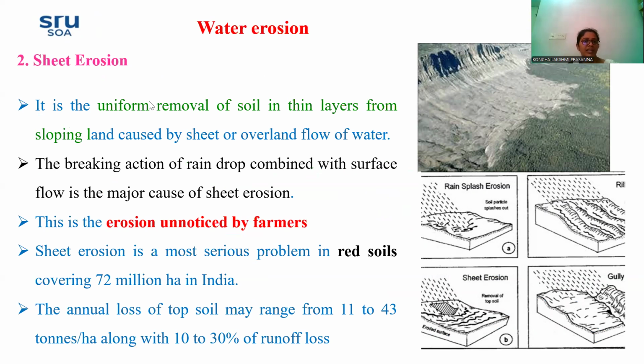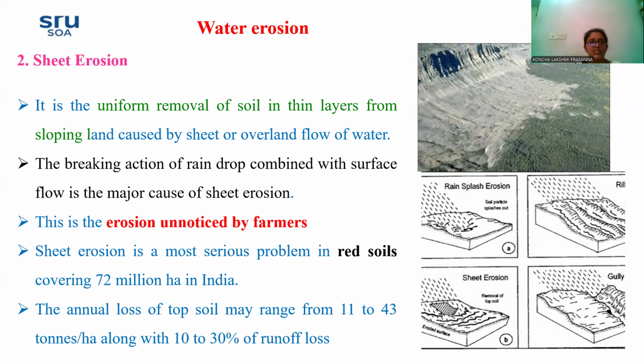Sheet erosion is nothing but the uniform removal of the top fertile layer of soil in thin layers from sloping land caused by the sheet or overflow of water. So the breaking action of the raindrops combined with the surface flows is the major cause for the formation of sheet erosion. And it is the type of erosion which is unnoticed by the farmers.